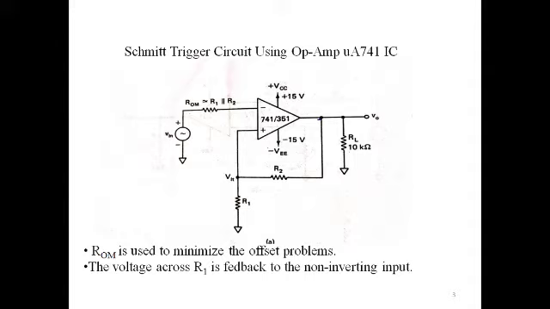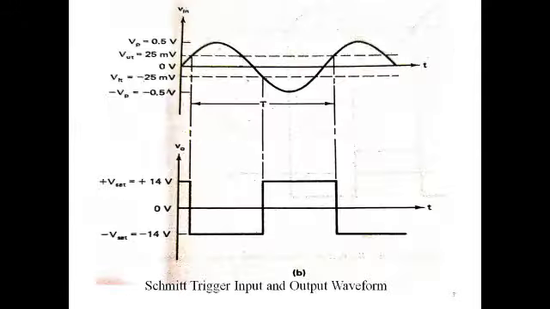As long as the input voltage is less than the upper threshold voltage, V0 stays at plus V saturation, and using the voltage divider rule we can find the upper threshold voltage.